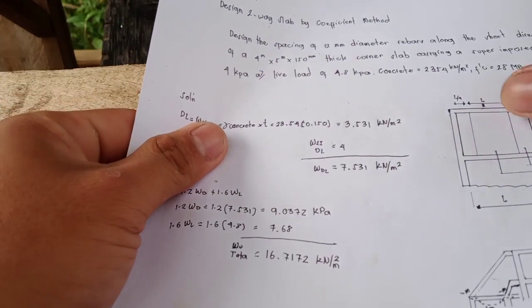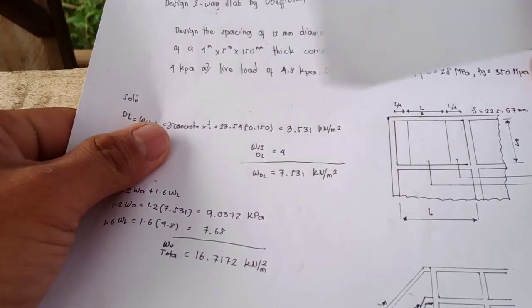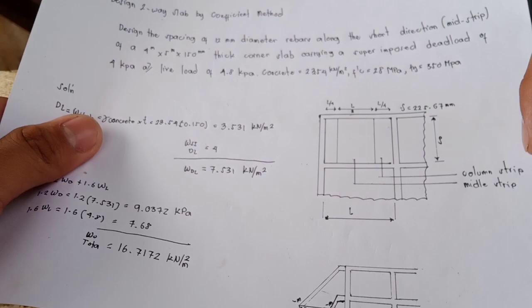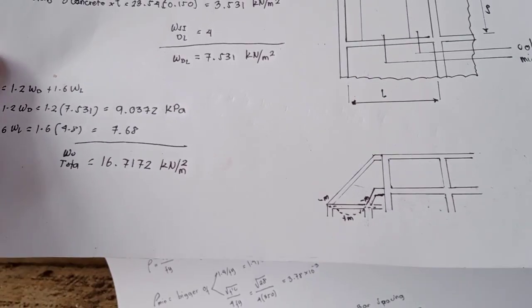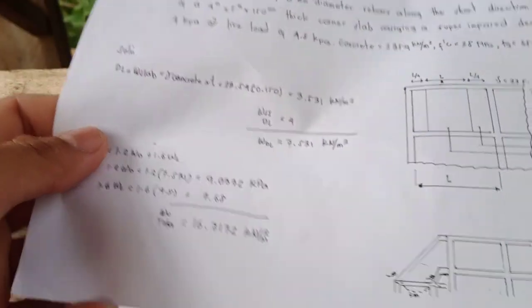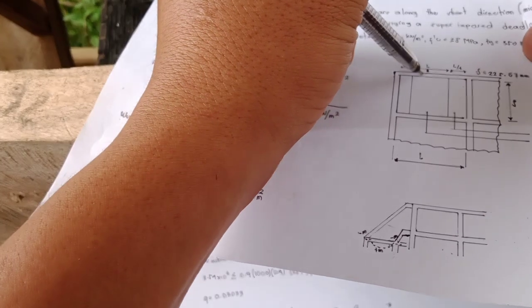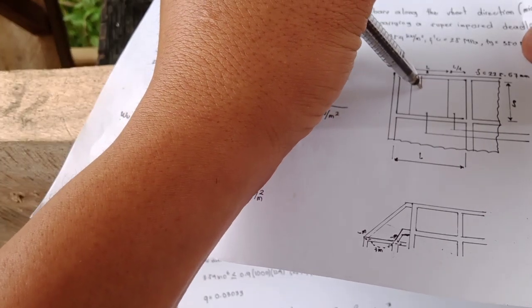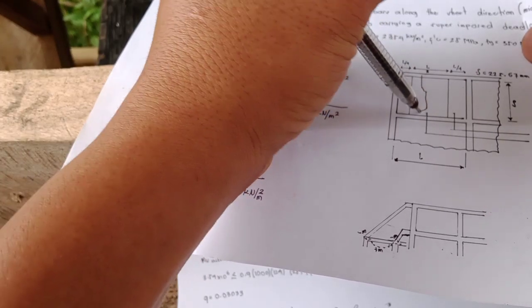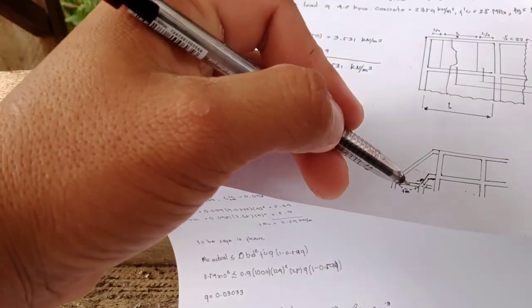This is the middle strip and this is the column strip. So as we can see, our rebars will go like this. We can see the bend here.